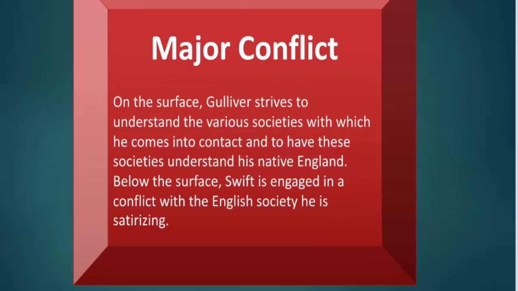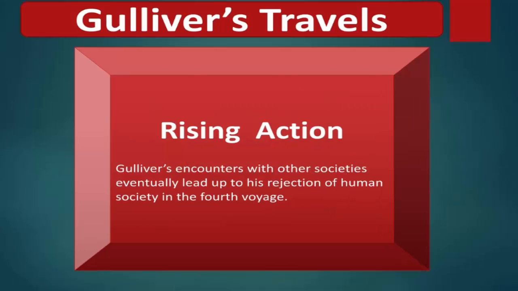Major conflict: on the surface, Gulliver tries to understand the various societies with which he comes into contact and to have these societies understand his native England. Below the surface, Swift is engaged in conflict with the English society he is satirizing. Rising action: Gulliver's encounters with the different societies eventually lead up to his rejection of human society in the fourth voyage.